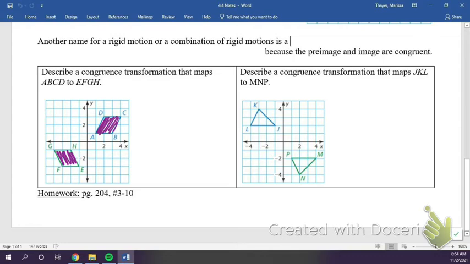So it says we could have a reflection and a rotation, or a translation and a reflection. This one looks like there's a couple of ways that we could go about it. I can see that it's reflecting over the y-axis. So the first one I'm going to say is a reflection over the y-axis.